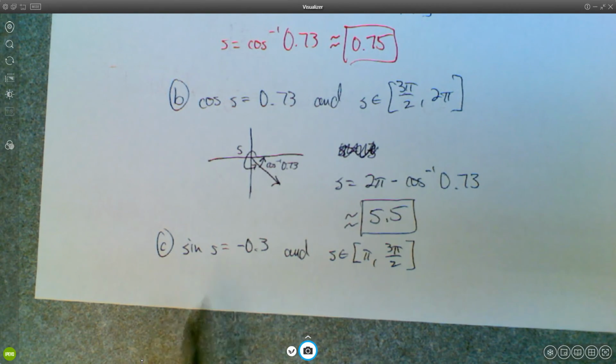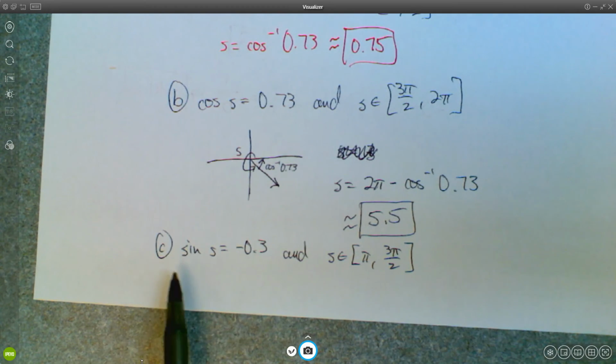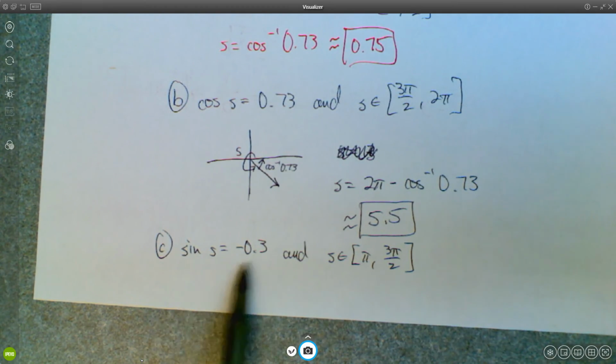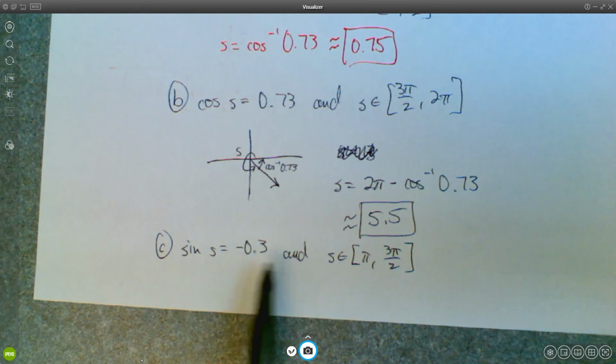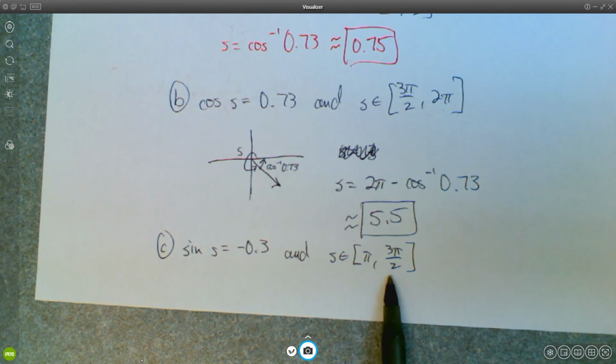So remember the sine inverse button is going to return a value between negative pi over 2 and pi over 2. In this case, I can tell you that it's definitely going to send us to a negative value since sine is negative, since they're saying sine S is a negative number. So it's going to tell us that S is some negative angle. But we don't want S to be a negative angle. We want S to be over here in quadrant 3 somewhere.